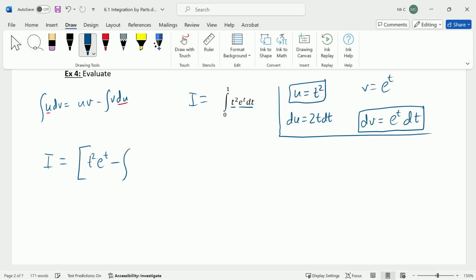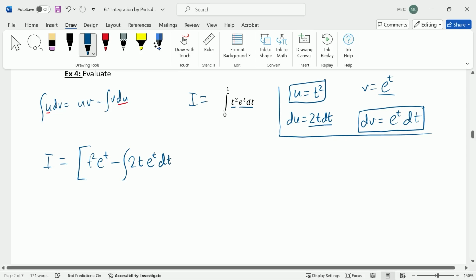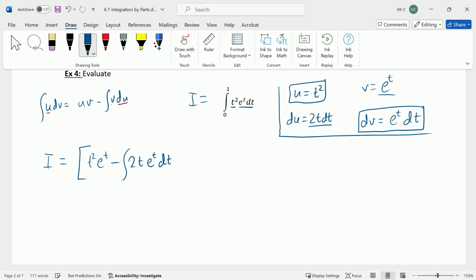And of course, we're multiplying here, v du, and I can multiply in any order. So just because it's a little nicer, I'm going to put the 2t in front and the e to the t after. But again, it's still v times du here. I just changed the order of multiplication, which is fine. And this whole thing is going to get evaluated from 0 to 1.